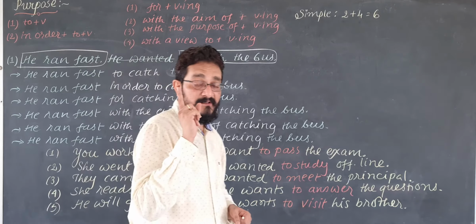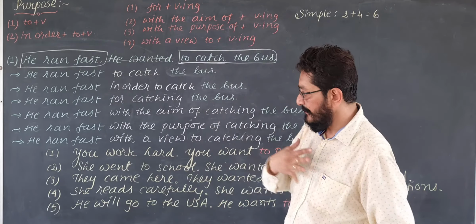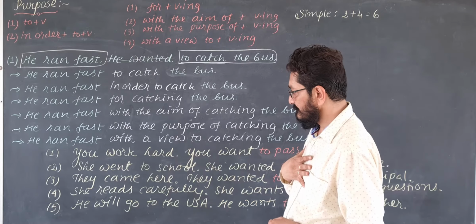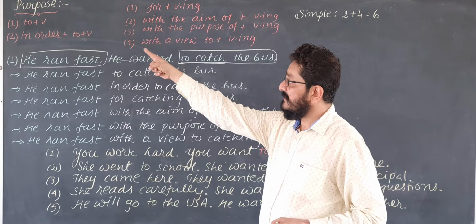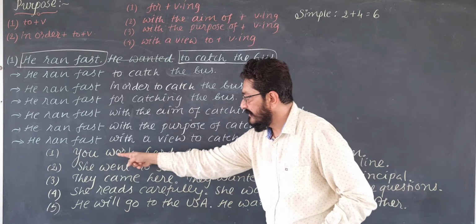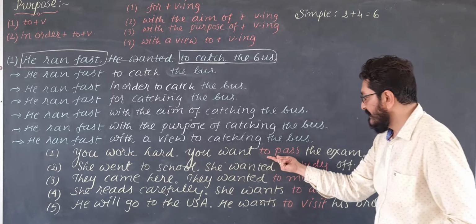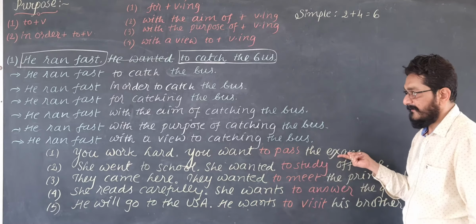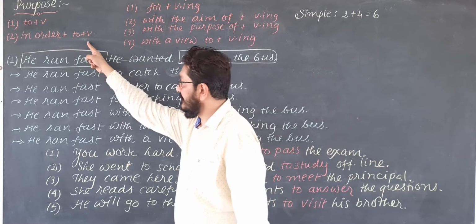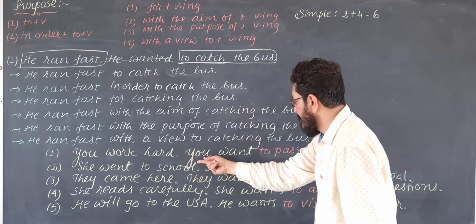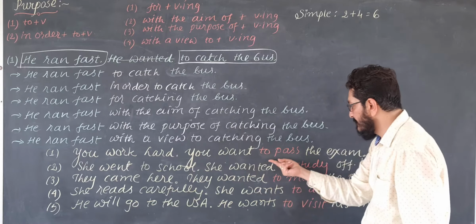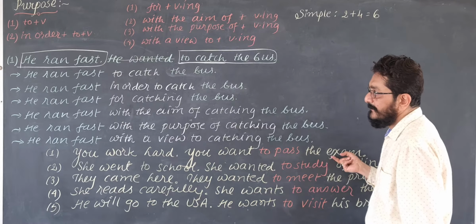Now you have to sing all the 6 patterns with me. 2 plus 1, in order 2 plus 1. You work hard to pass the exam. Second, you work hard in order to pass the exam.